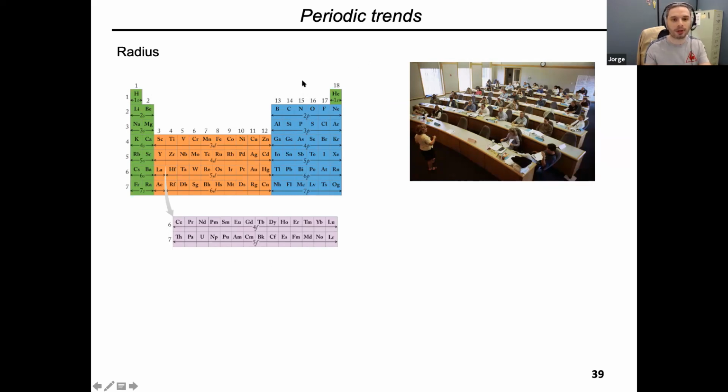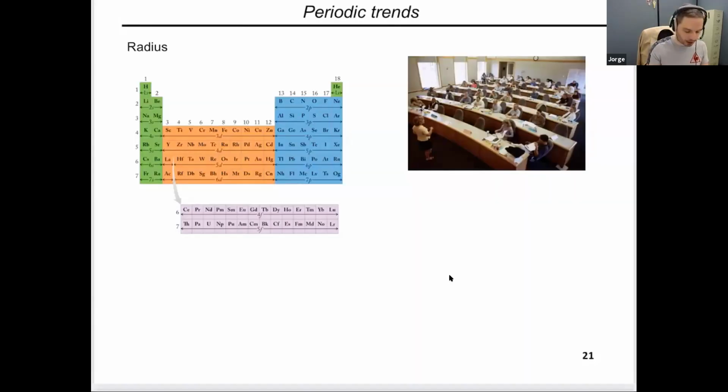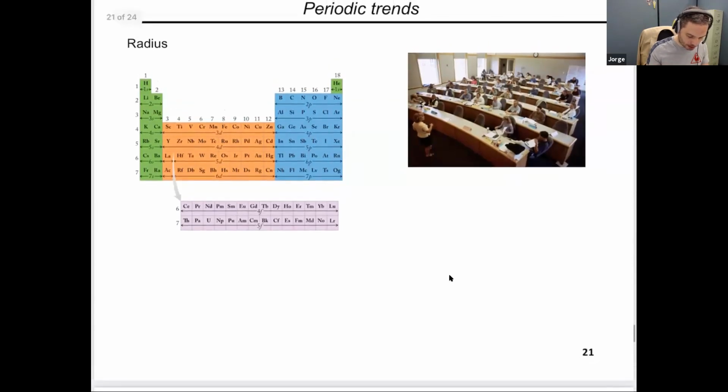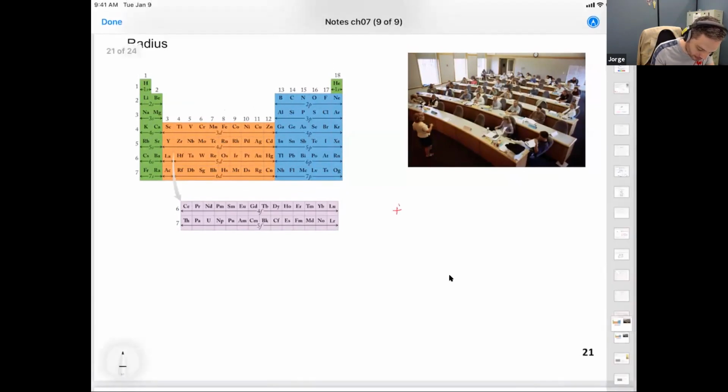So let me quickly switch to my other screen here really quick. Okay, so first thing, the radius of an element is basically the distance between the nucleus and the very last electron.